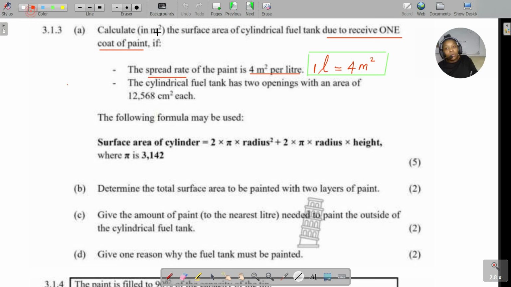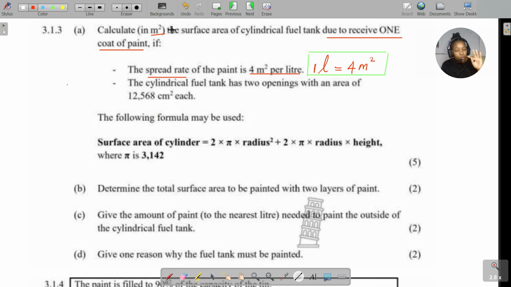Please note here, guys, you can convert all your values to meters, or you can keep the values in centimeters and convert the final answer to meters squared. I hope I won't be confusing anyone. It just depends on what you're comfortable with.